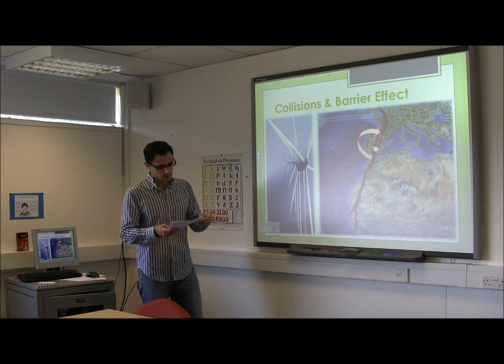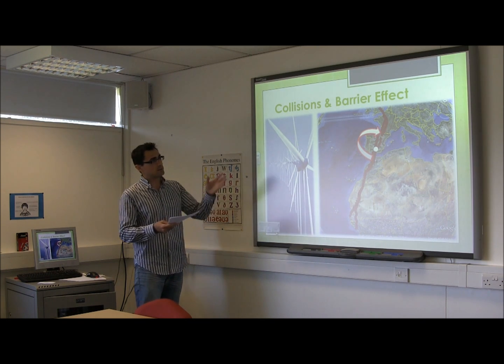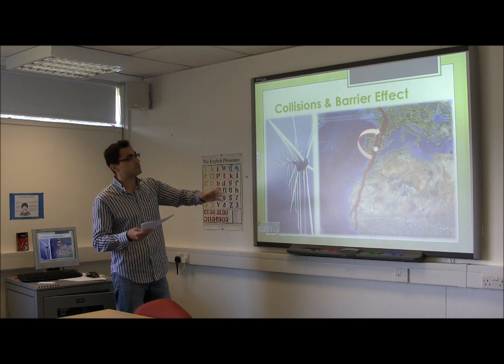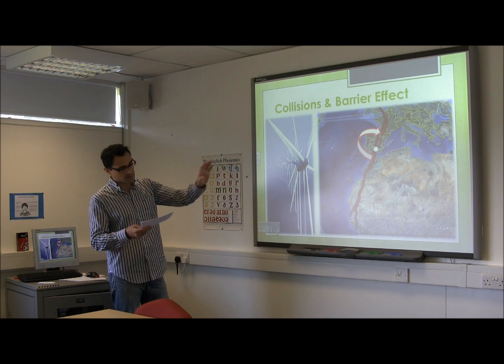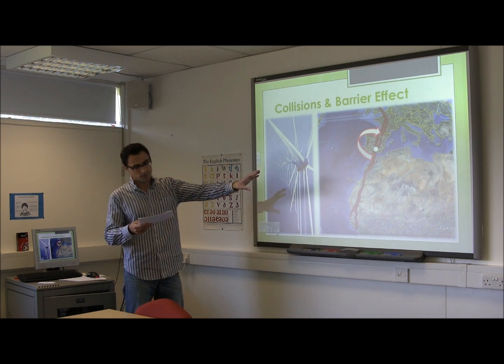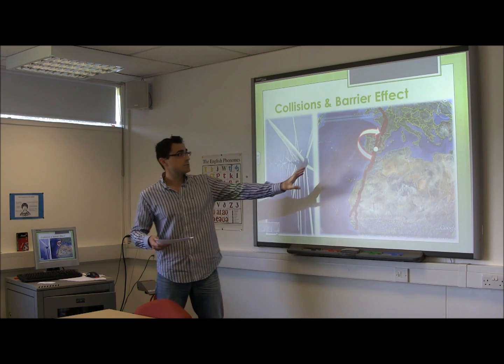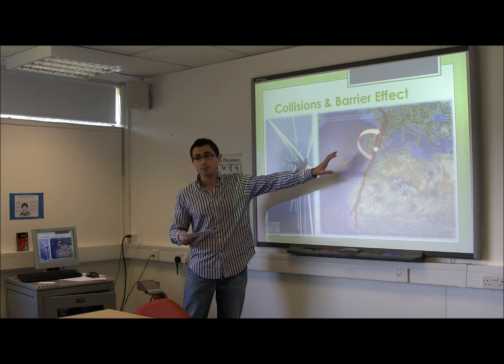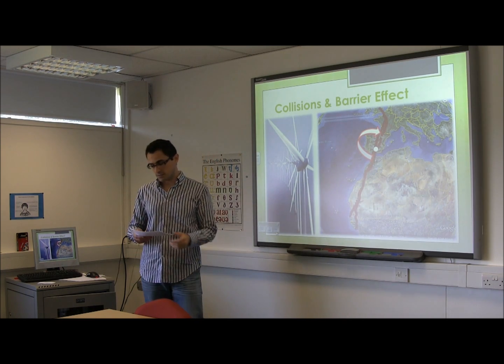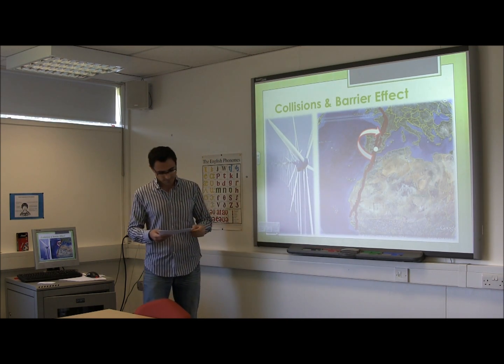And what happens? This is the barrier effect. The animals have to avoid the wind farm. It's an obstruction of the movement of the birds. So the reduction in mass as a result of an increase in flying requirements has fatal consequences for breeding success.